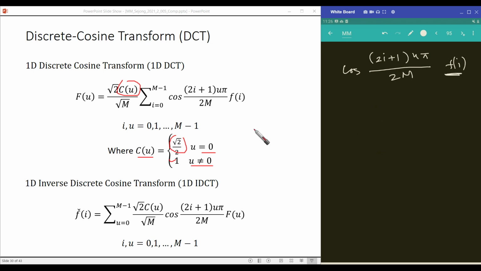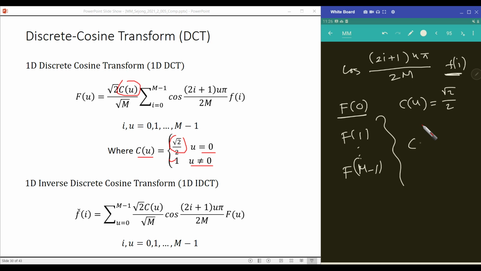So for the very first number, that is C(0), the value is root 2 over 2, and for the other numbers, for example f1 up to m minus 1, this C(u) is 1.